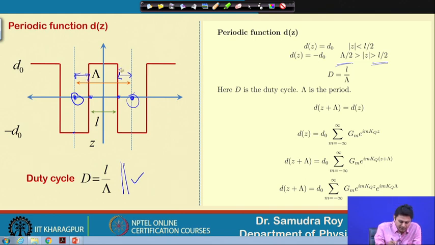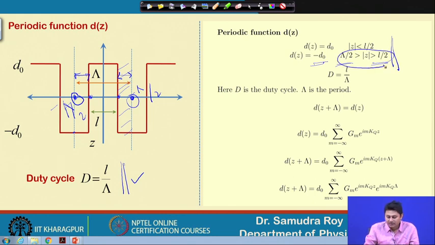This coordinate is lambda by 2, this coordinate is minus lambda by 2. So, from minus lambda by 2 to minus L by 2, the value of D will be minus D 0. From L by 2 to lambda by 2, the value is also minus D 0. This is the range where the D value is minus D 0.